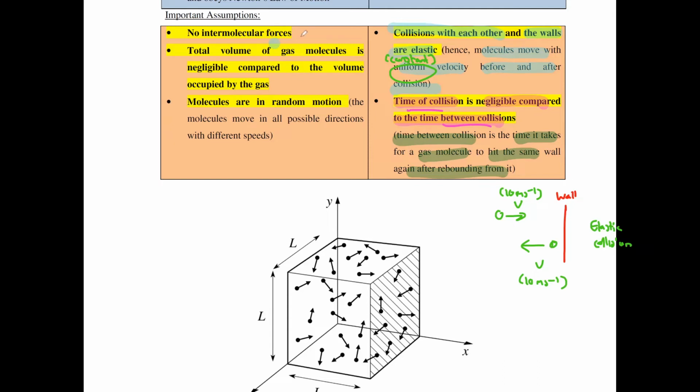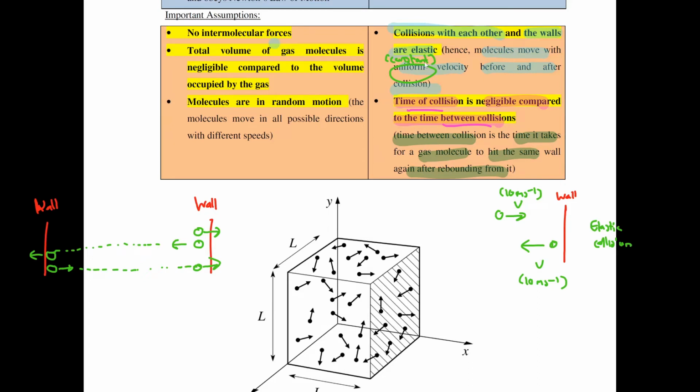Okay, what we mean by that is something like this. If these are the walls of your containing vessel when viewed from the front, your gas molecule hits the wall, it will rebound from it, and it will go all the way here, hitting the other wall, and then rebounding back before hitting the same wall again, right?